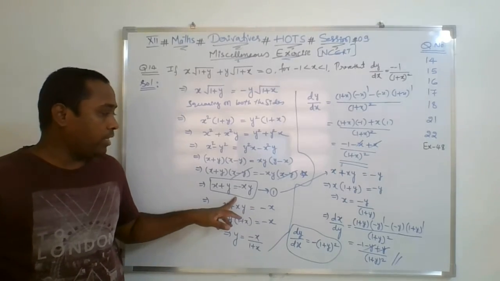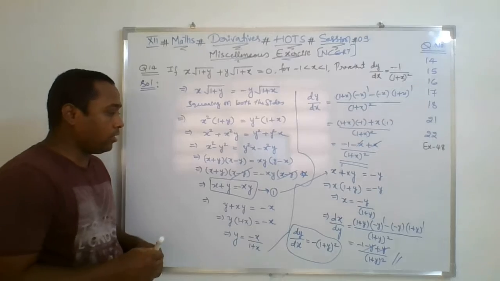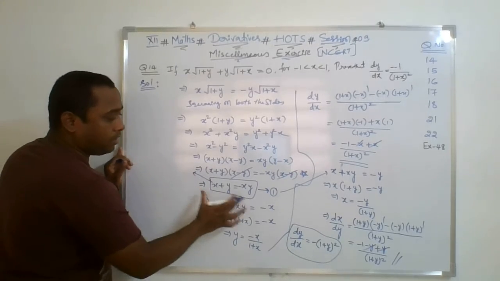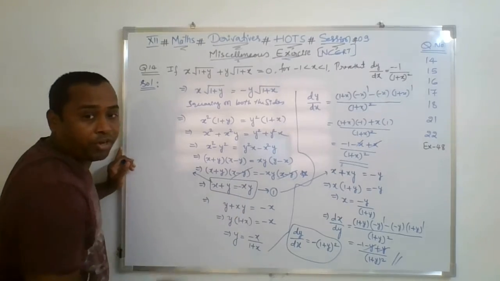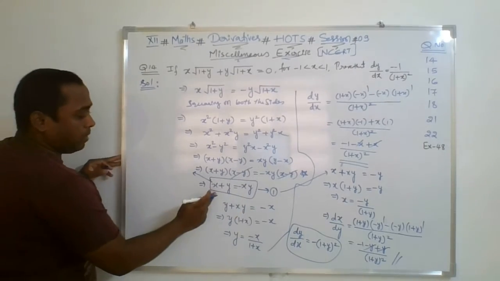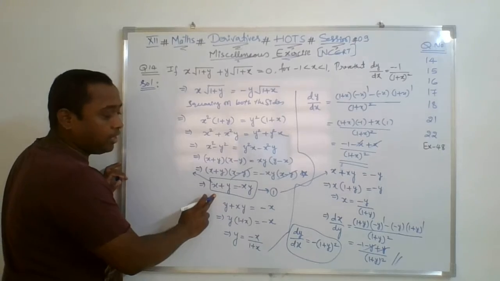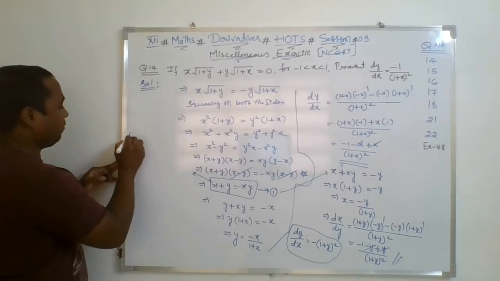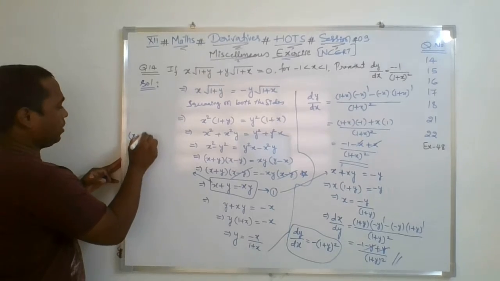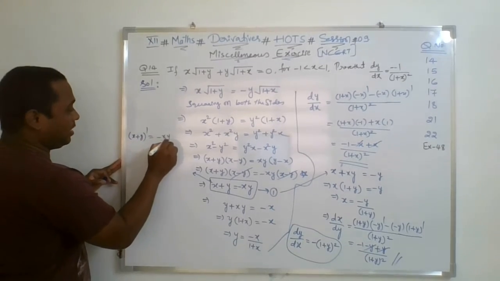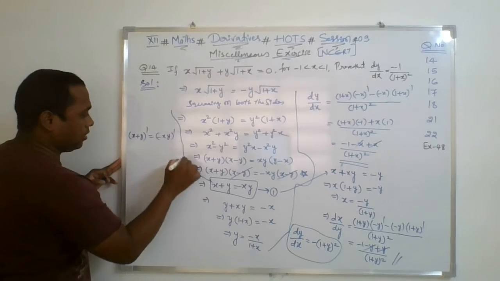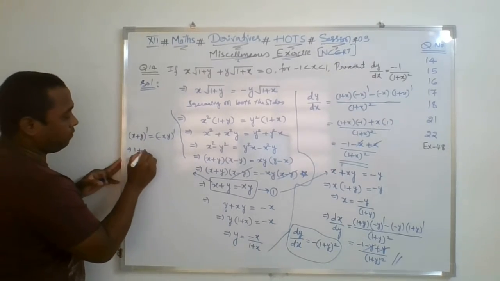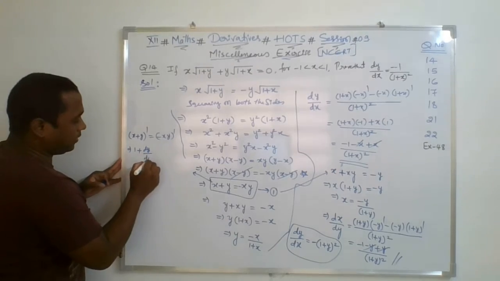If you go with the direct derivative of this function, now you can see what I am going to get. Simply take the derivative of this equation with respect to x. So what you will get here: the derivative of (x plus y) is equal to the derivative of (minus xy). Now simply, the derivative of x is 1 and the derivative of y is dy by dx.